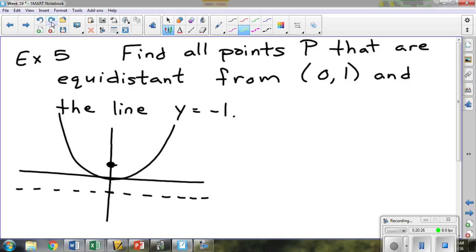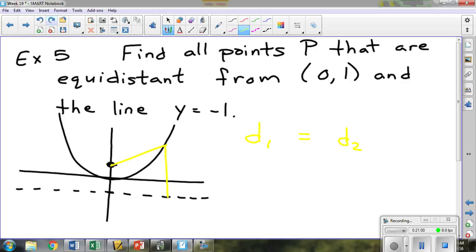We have a distance from the focus to the parabola. That will be distance type number 1. It needs to be equal to the distance down to the directrix, which is distance type number 2. We need to create an equation for distance 1 equals distance 2, because that's how we get our criteria of equidistant.